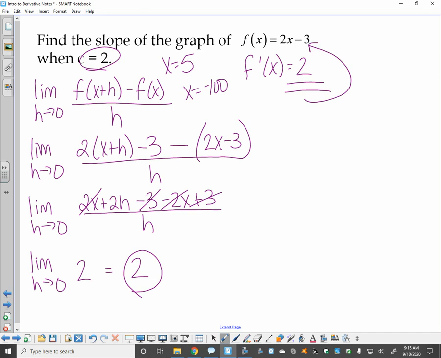The slope never changes. This curve, air quotes, it doesn't curve. It's a straight line. Its slope is always 2. So it makes perfect sense that when we took the derivative, we got a constant. And that constant is my slope, y equals mx plus b. I know the slope was supposed to be 2 before I ever started this problem.